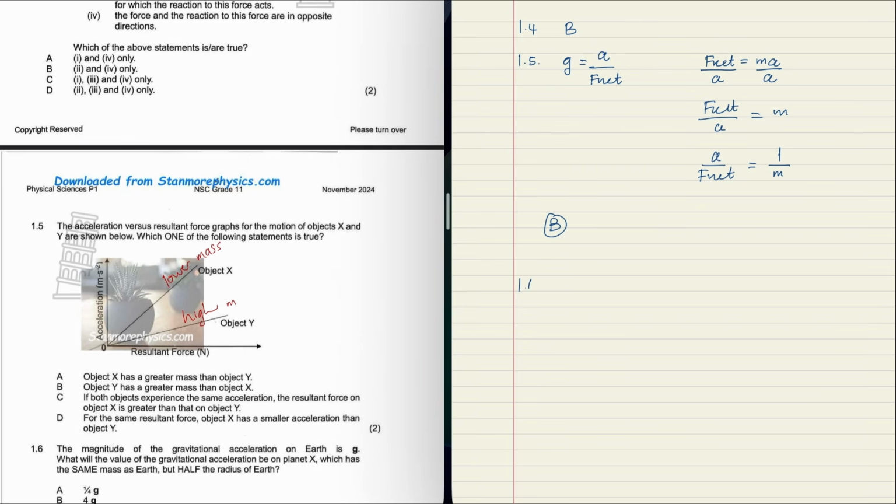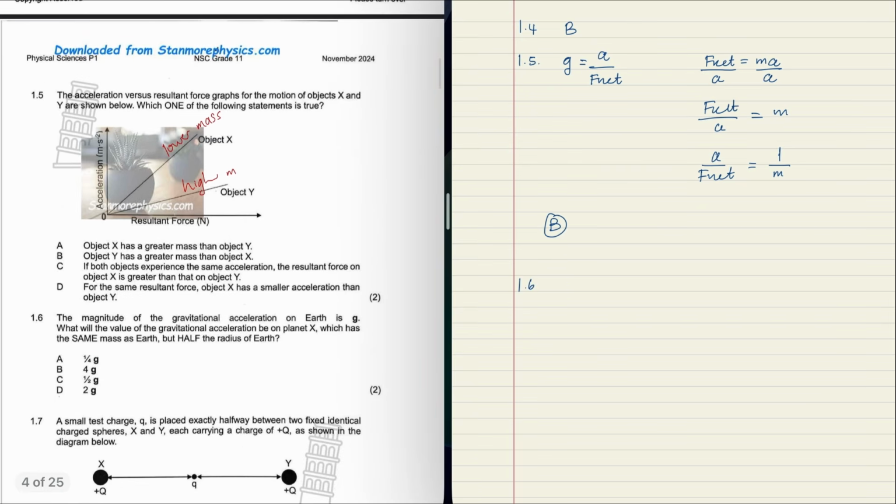Question 1.6. The magnitude of the gravitational acceleration on Earth is g. What will the value of the gravitational acceleration be on planet X, which has the same mass as Earth but half the radius? So g is equal to GM divided by (half r) all squared.